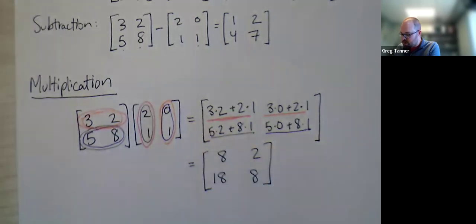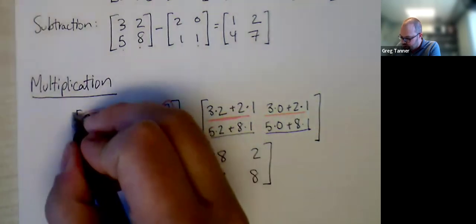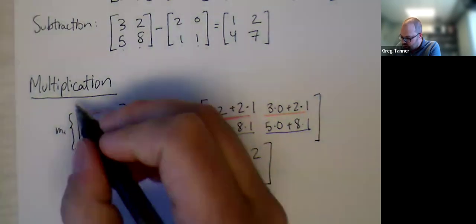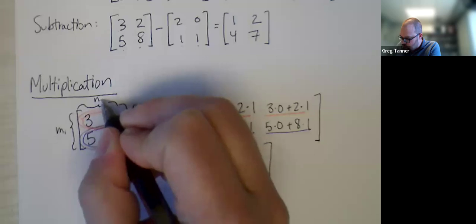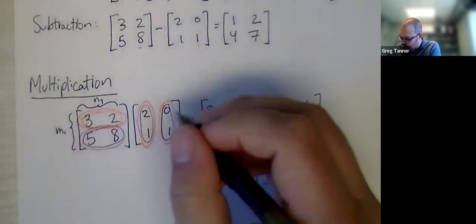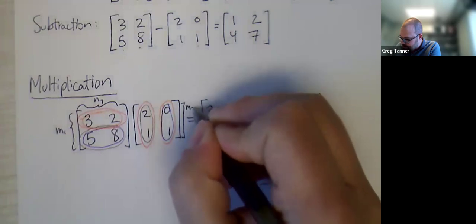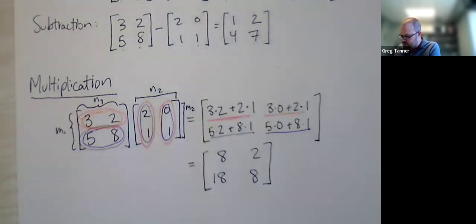Usually when we're labeling the size of a matrix, we'll call this matrix maybe having M1 number of rows and N1 columns, and this one having M2 rows and N2 columns.